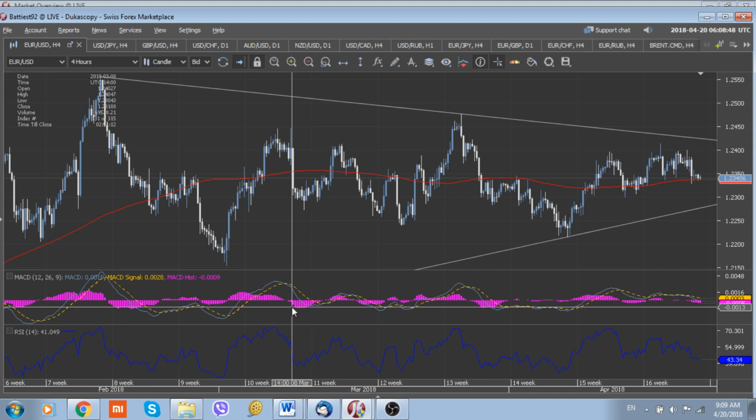As you can see from a longer term horizon, the euro dollar is still trading in the middle of its range between 125.50 and 121.50. And probably here we need a new impetus to get out of this range. Probably we could see such an impetus during the course of next week.